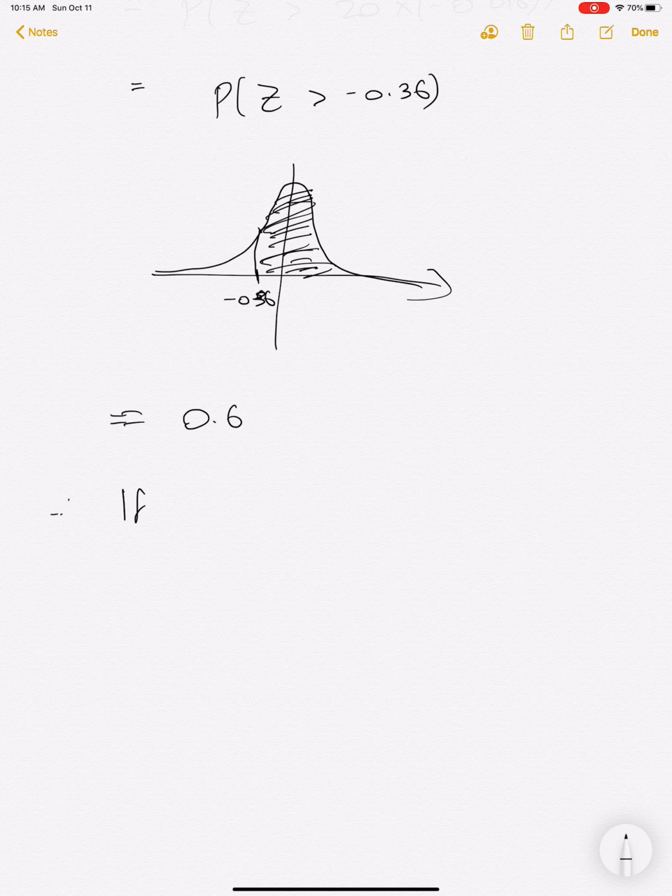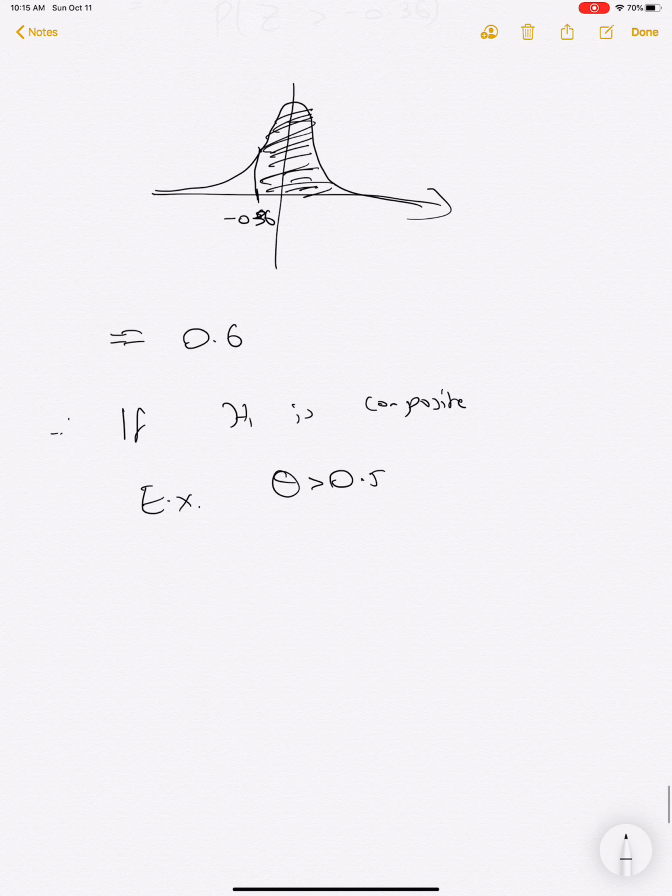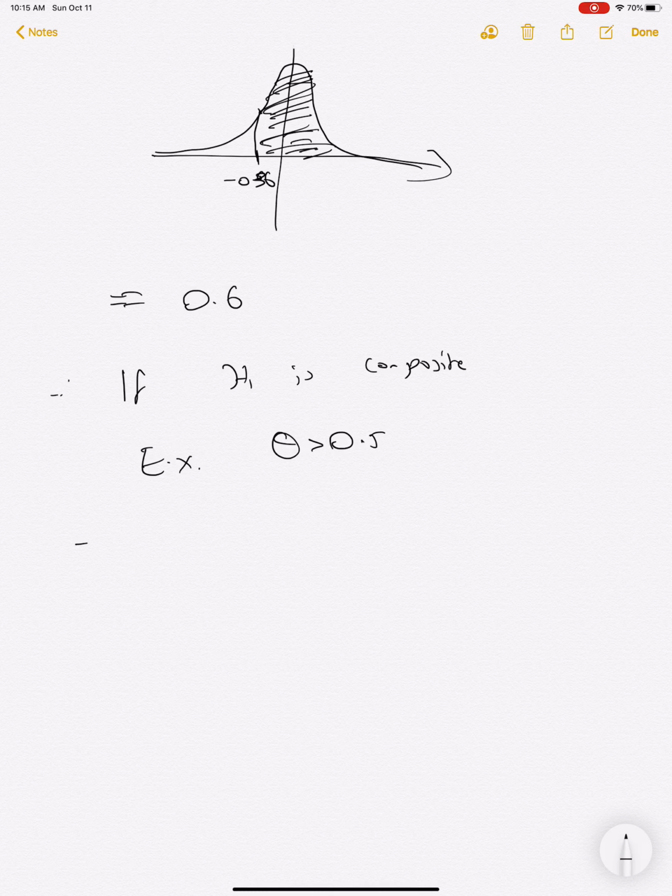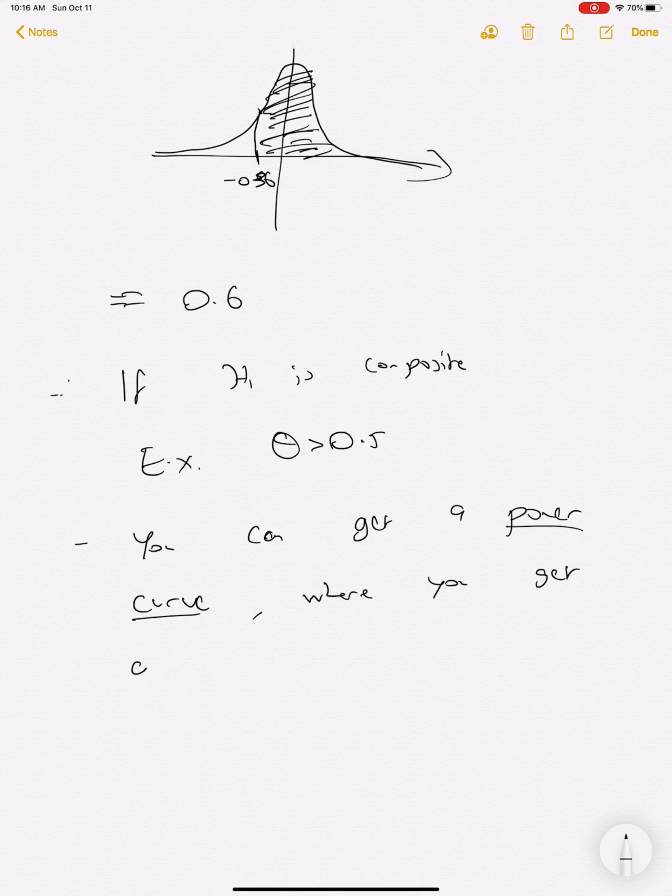And then the other thing to point out is if H1 is composite. We saw that example, if we had theta bigger than 0.5, you can get a power curve, where you get a different power for each choice of theta in H1.